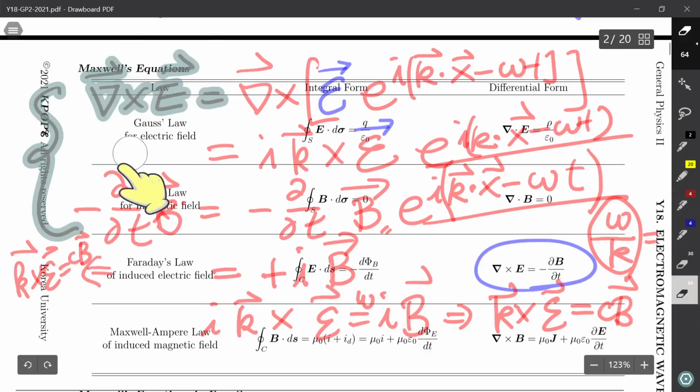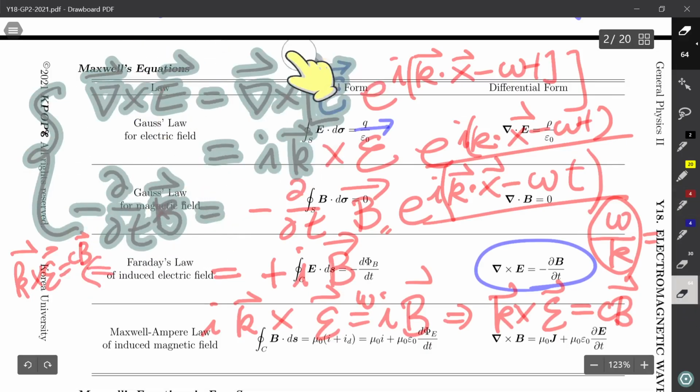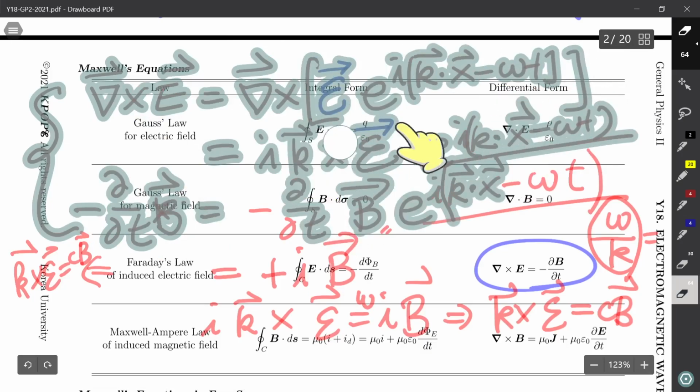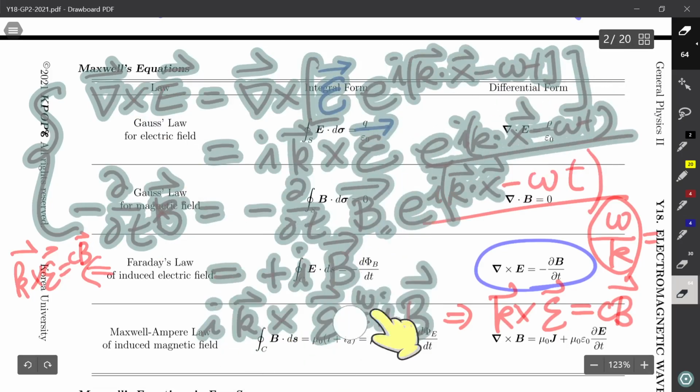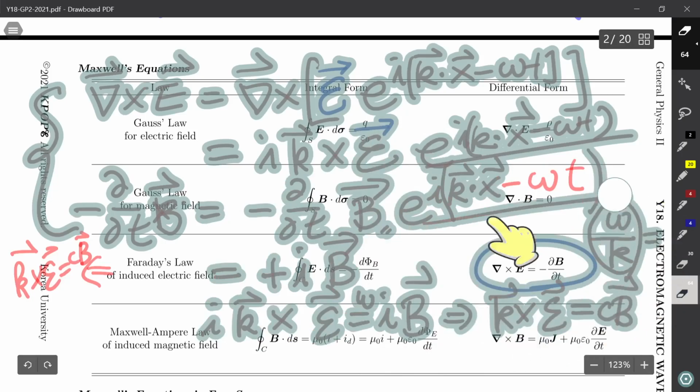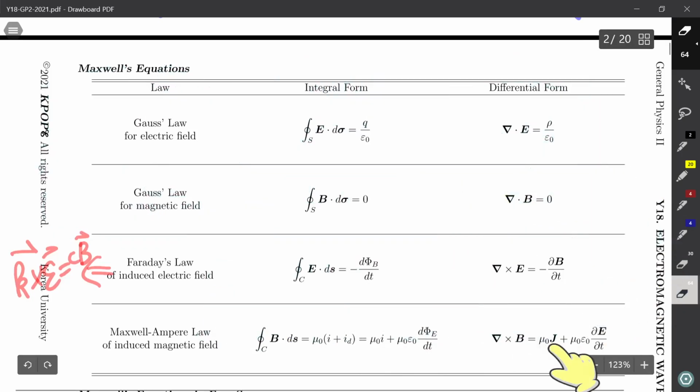In a similar manner, we make use of Maxwell's law in vacuum.